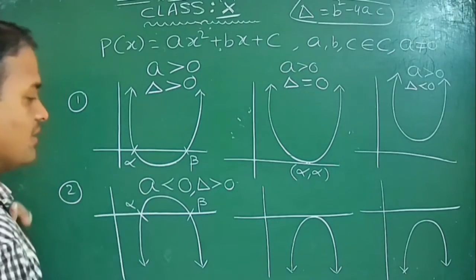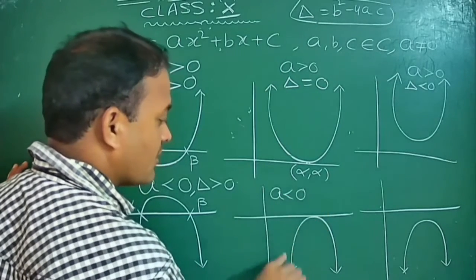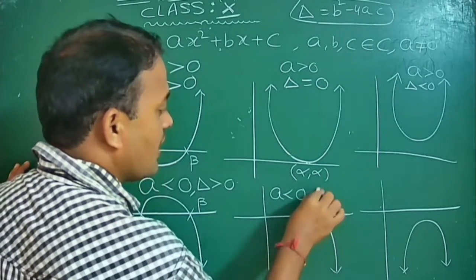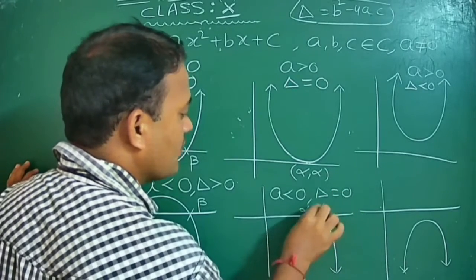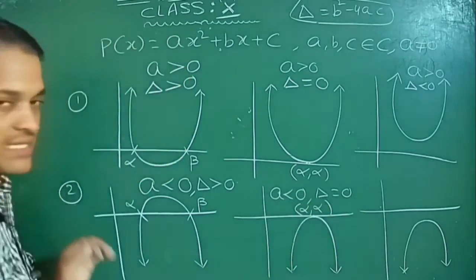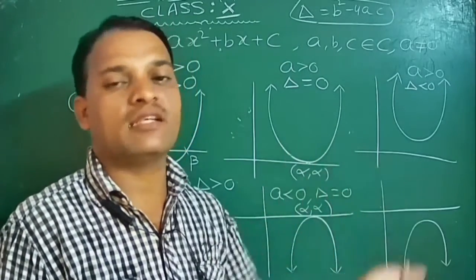Similarly, if a is less than 0, the parabola graph opens downwards, and delta equal to 0 means it touches the x-axis at only one point. So here there is only one real root, that is, two equal real roots will come.